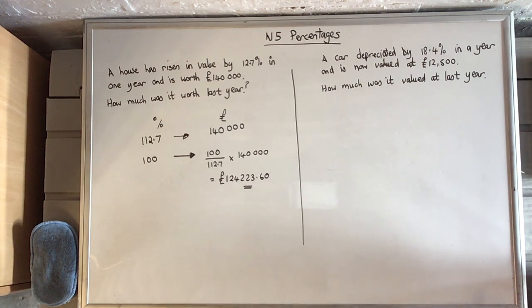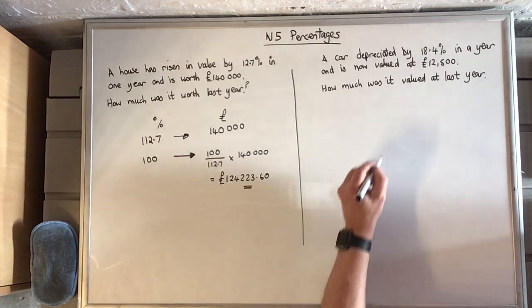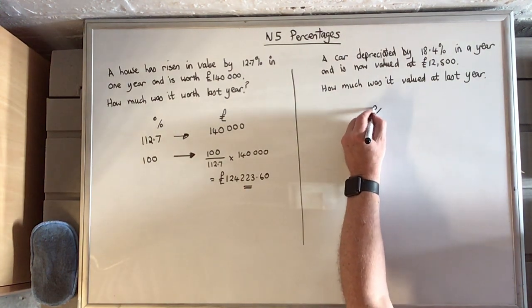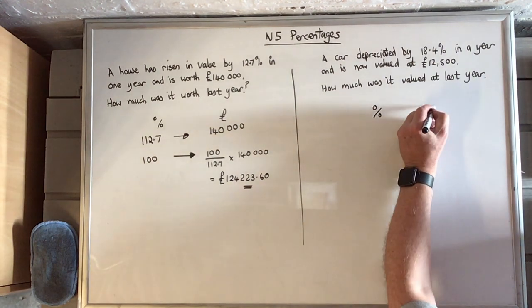Let's look at a decreasing one. A car depreciates, and depreciate means goes down in value, by 18.4% in a year, and is now valued at £12,500. How much was it valued at last year? Exactly the same format, it's a proportion sort of layout. There's my percentage, and again it's money, so it's pounds.